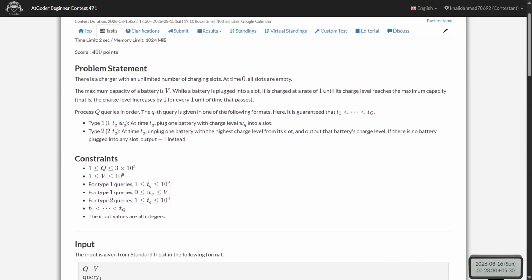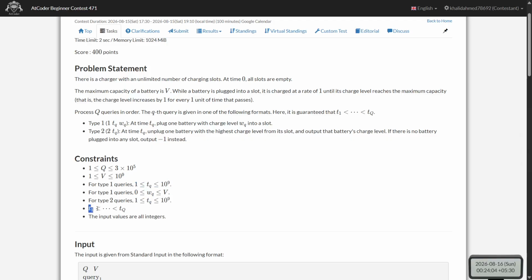The number of queries ranges from 1 to 3 times 10 to the power 5. V ranges from 1 to 10 to the power 9. For a type 1 query, the time tq is from 1 to 10 to the power 9, and the charge level wq is from 0 to V. For a type 2 query, the time is again from 1 to 10 to the power 9.